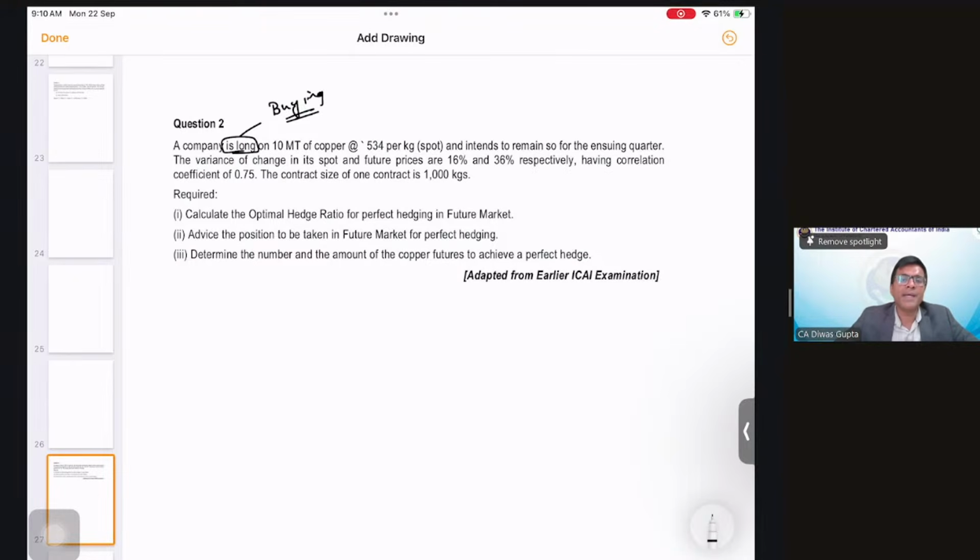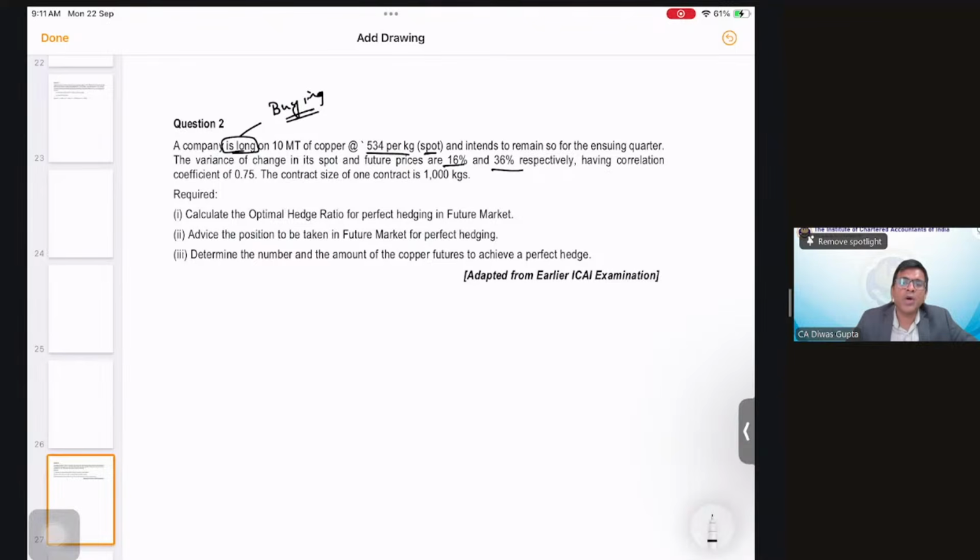That means the company has already bought 10 metric tons of copper at the rate of 534 per kg, which is the spot price, and intends to remain so for the ensuing quarter. And it intends to have a long position itself in the ensuing quarter. The variances of change in its spot and future prices are 16% and 36% respectively.